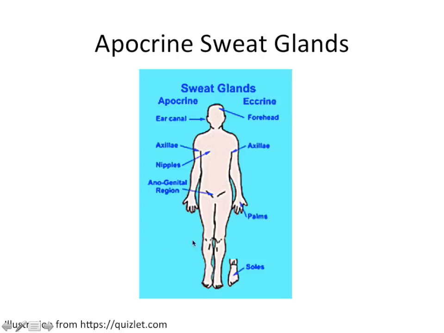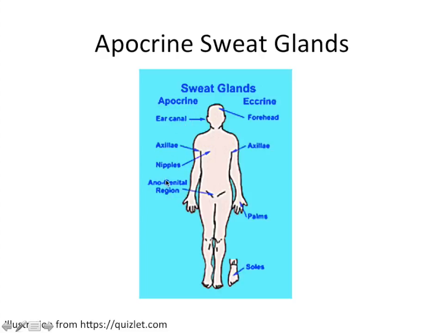But again, this illustration is meant to show the difference between Apocrine and Eccrine. Eccrine is all over the body. Apocrine, though, is confined to certain regions, mainly the axillae, the nipple region, the anogenital region, also known as the perineal region, and the ear canal.